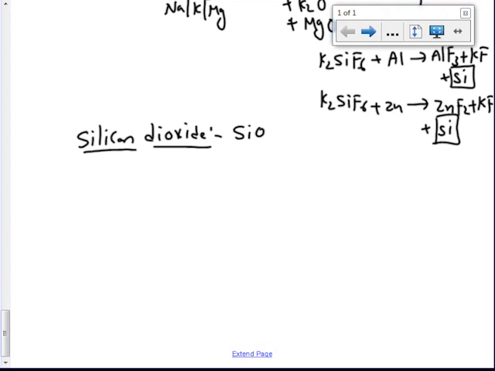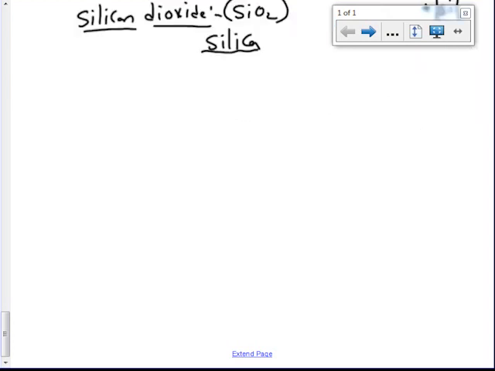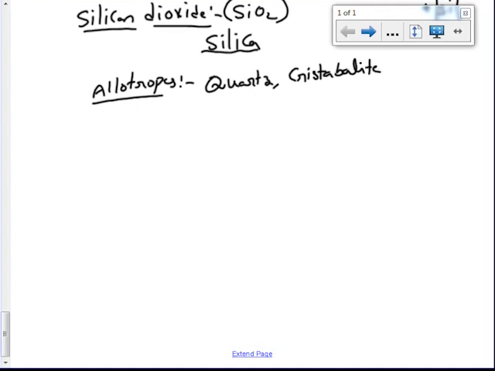Silicon dioxide, SiO2, is also called silica, the most important chemical compound used in metallurgical processes. The allotropic forms of silica are quartz and cristobalite.